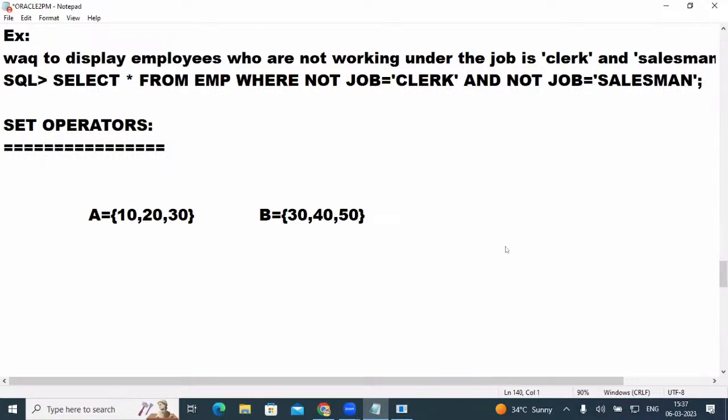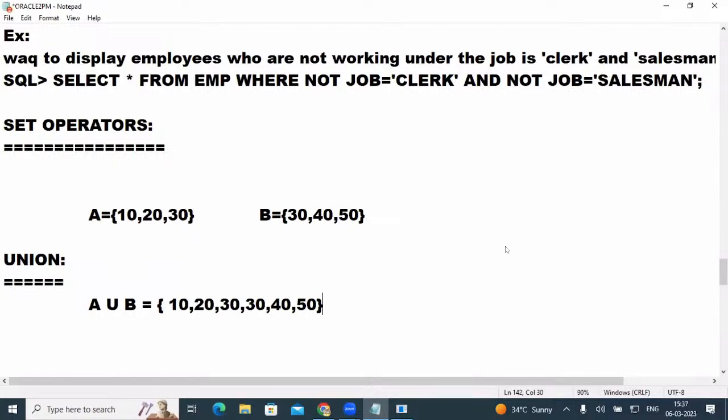On these two sets, suppose I'm using union. So, A union B. What is my result? 10, 20, 30, 30, 40, 50. 30?